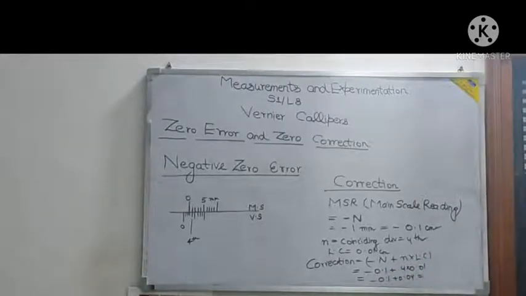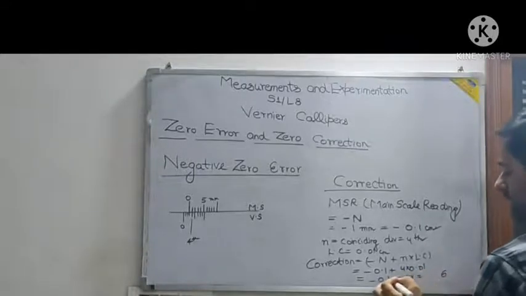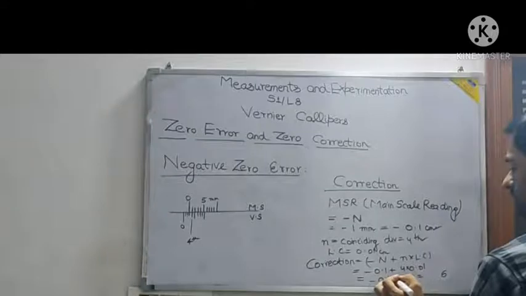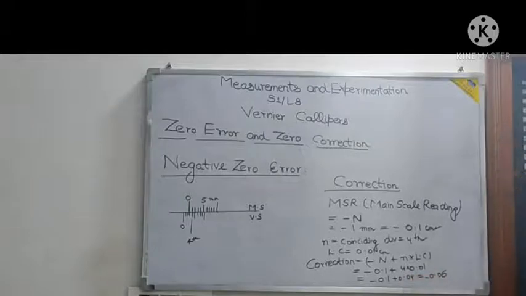Yes or no? So 1.0, that means 10 minus 4 is 6, and 1 is 0, so 0.06. Minus 0.06 has come. Now this is the correction. Now what we have to do to get the correct reading, this quantity has to be added to the observed reading.